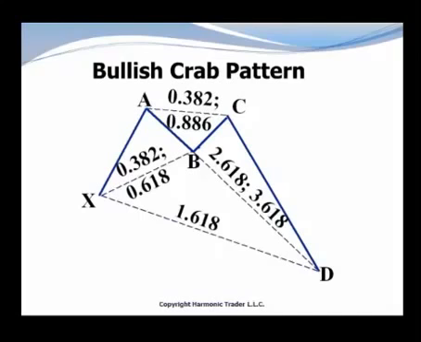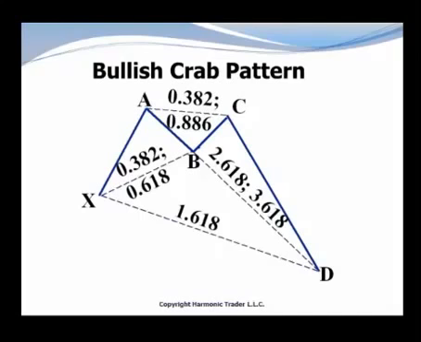Looking at the bullish crab pattern potential reversal zone, typically we're going to see this type of convergence of measurements, where in the bullish crab, the highest number in the harmonic support zone is going to be the alternate ABCD component. That is either a 1.27 or a 1.618 AB equals CD.